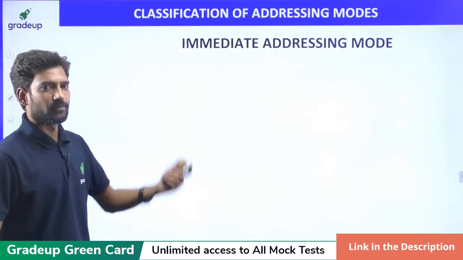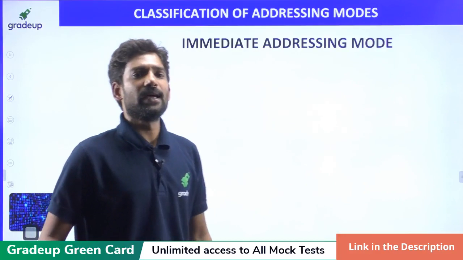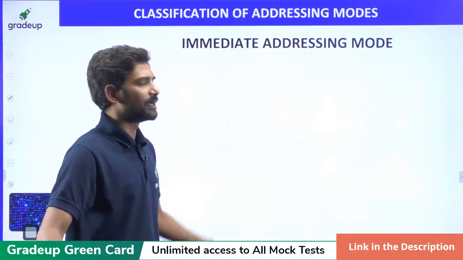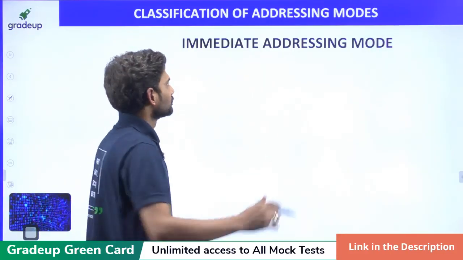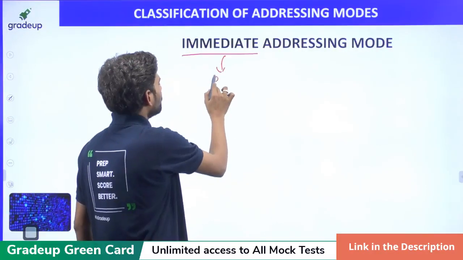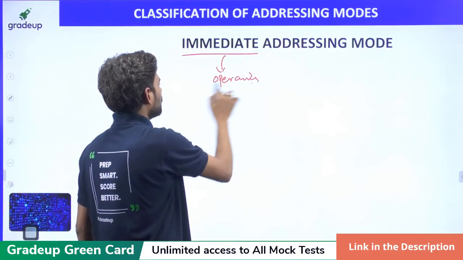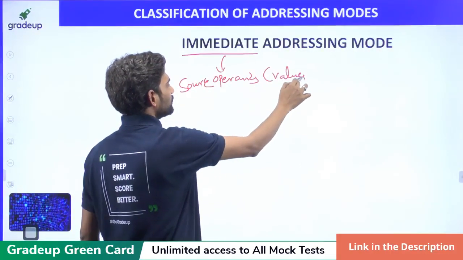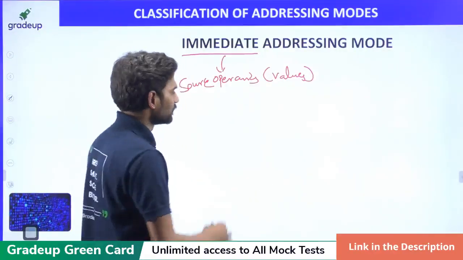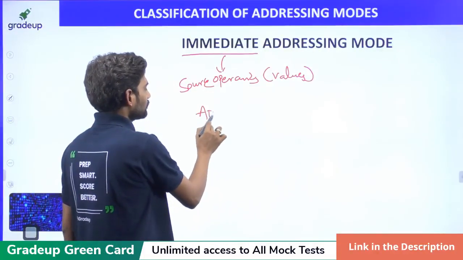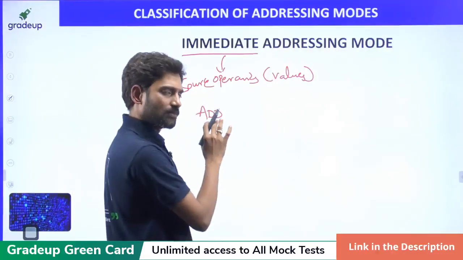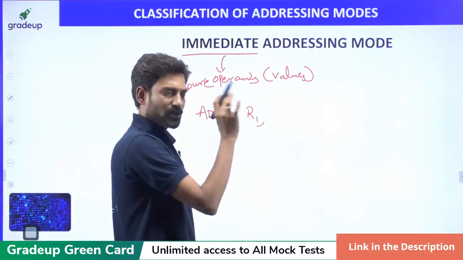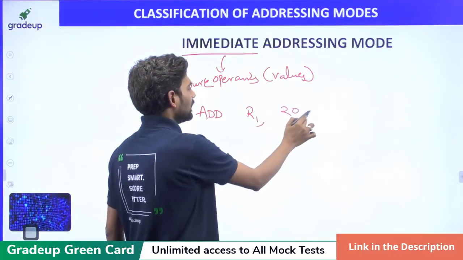And what is the last way of addressing mode? Immediate addressing mode. What is immediate addressing mode? If the source operands are values, that is immediate addressing mode. Like, I am writing some opcode, followed by some destination, followed by 20, 30.